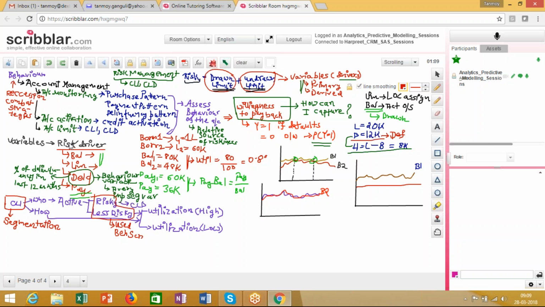Also, to combat recessions, one can say that for behavior scores between 700 to 750, the time period between two successive credit limit increases will be at least 6 months. However, for scores between 750 to 850, the time gap between two credit limit increases can be just 4 months.